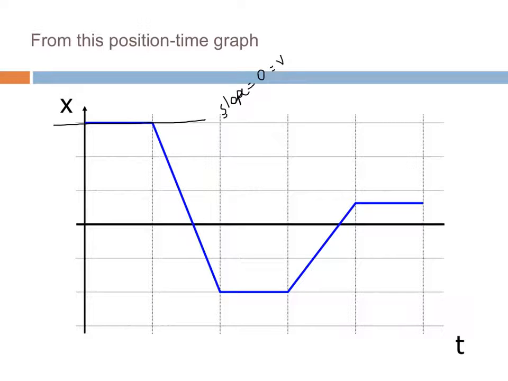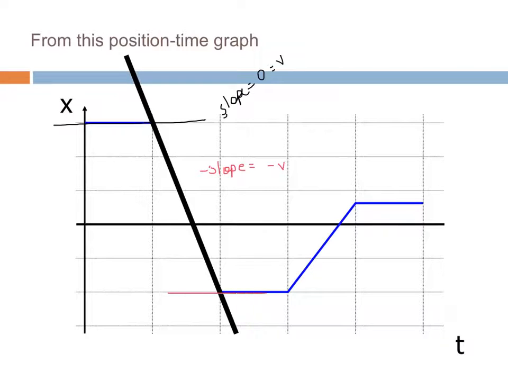If the slope is equal to 0, then the velocity is equal to 0. Then I can draw a tangent line over here. Look at the slope of that line, which I can see is a negative slope, meaning I have a negative velocity at this point.